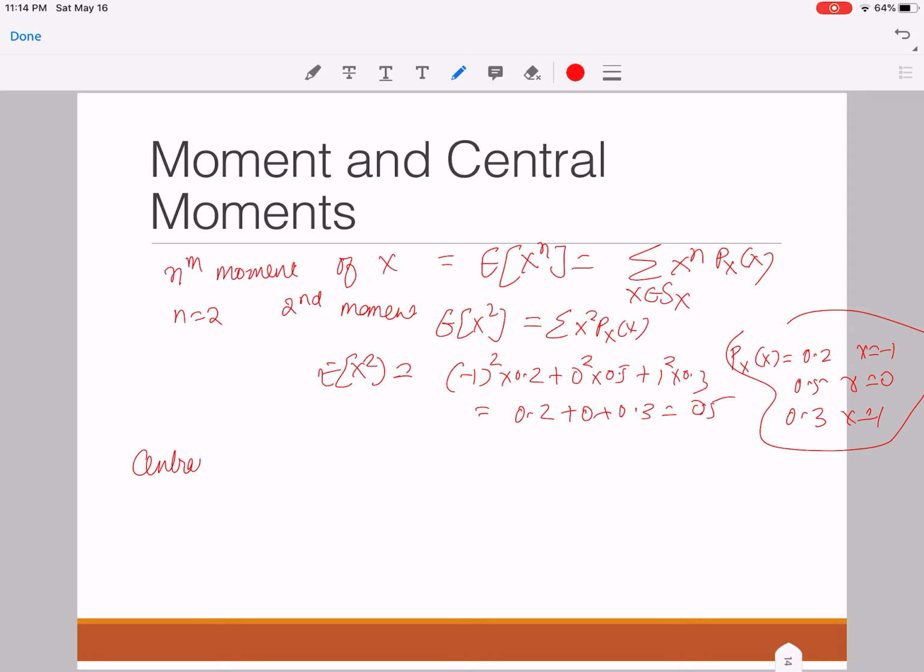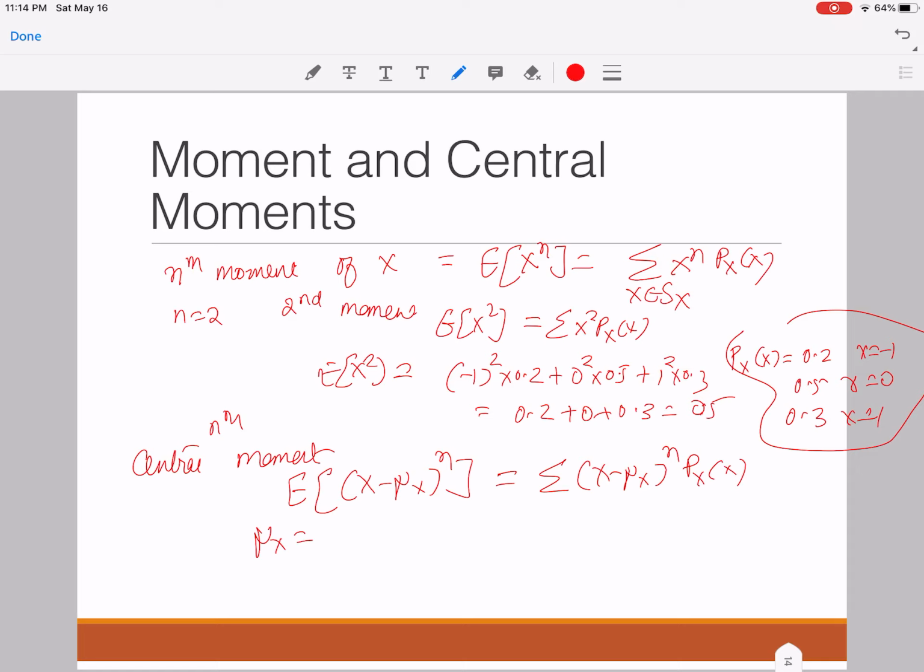The nth central moment is given by the expected value of (x minus mu of x) to the n, which is the summation of (x minus mu of x) to the n times PMF of x, where mu of x is your expected value. You can obtain the second central moment by substituting n as 2, and the first central moment by substituting n as 1. The first central moment is always 0.